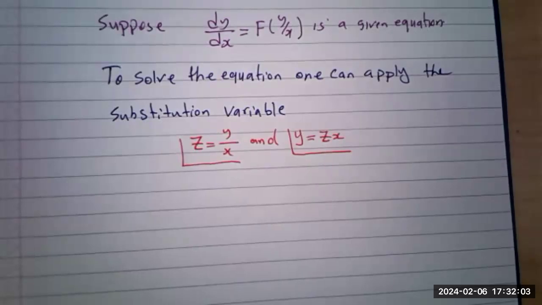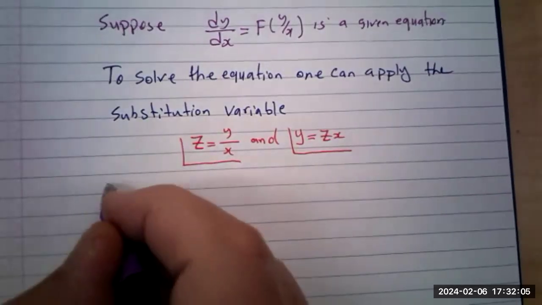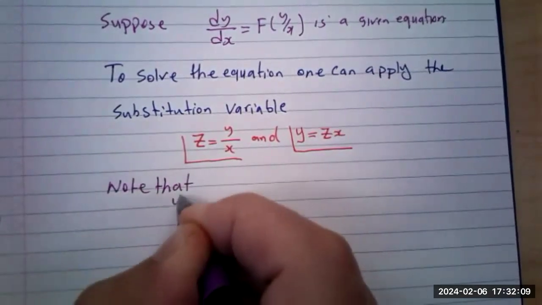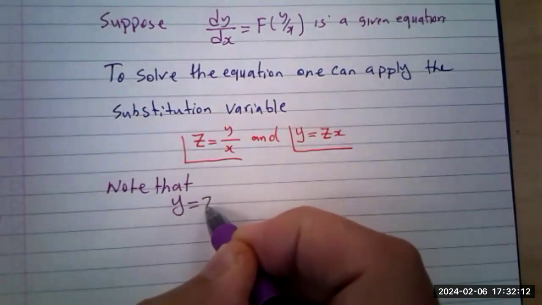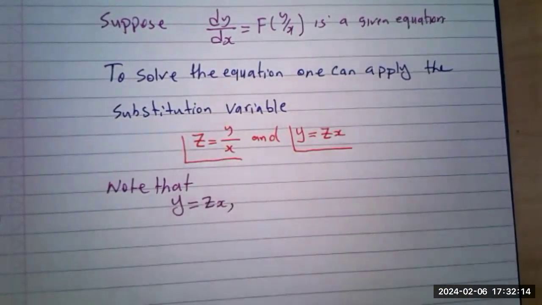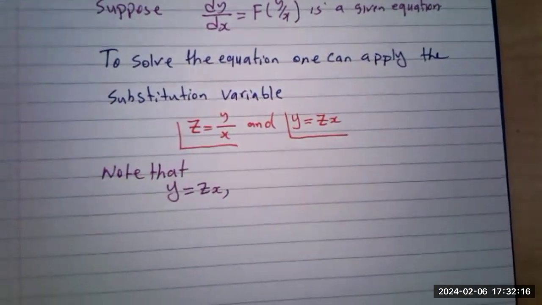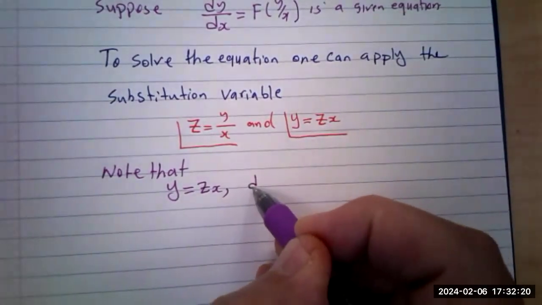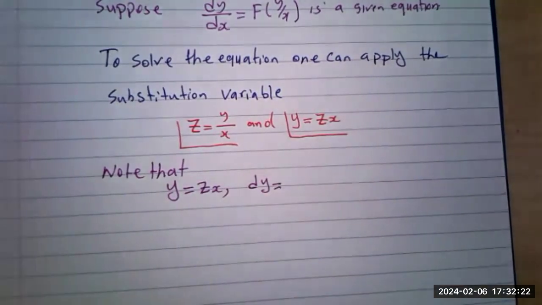So let's find the differential of y. y is equal to z times x. Find the differential, not the derivative. It's going to be dy equal to, we have to apply the product rule.